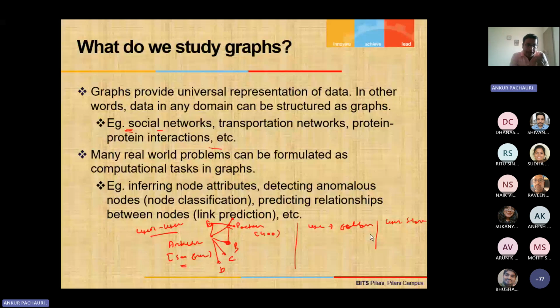In every structure, the properties of the graph will be different. Whatever analysis I have done on this type of graph will not be applicable for that graph. This graph may have a different way of interaction. For this, I'll have to execute the same algorithm again.